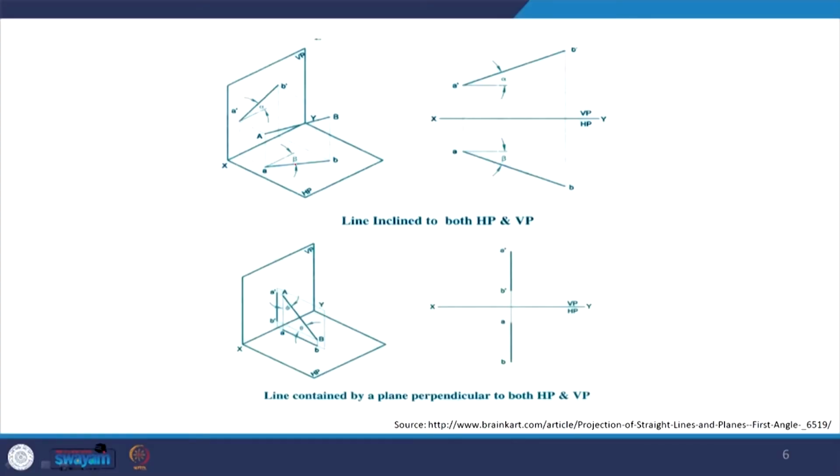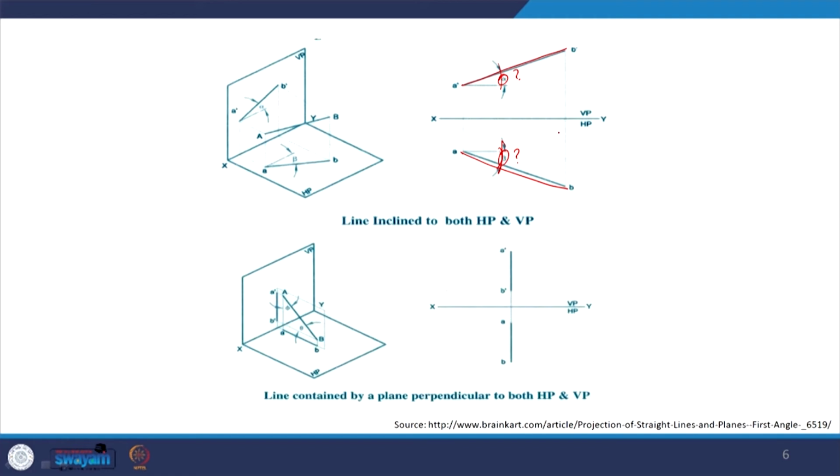Now, it will be making certain angles, say alpha and beta, with the horizontal plane and vertical plane, but in reality what we will be seeing here as a projection will not be these angles alpha and beta. These angles would change, but what would actually appear is a line A dash B dash or AB at certain angles to both vertical plane as well as horizontal plane.